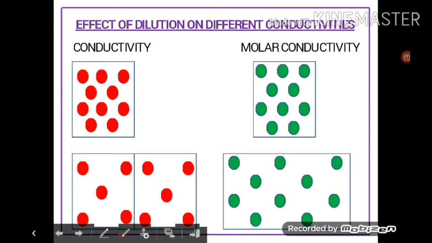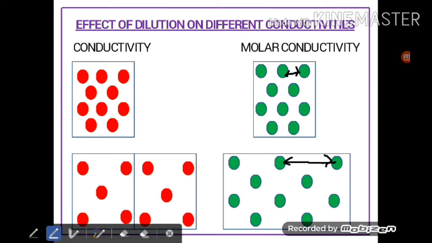But here what is the factor? The factor is that on dilution, the interparticle distance, see this distance, is now increasing. If you compare from this, what is the effect on distance? The distance is increasing.